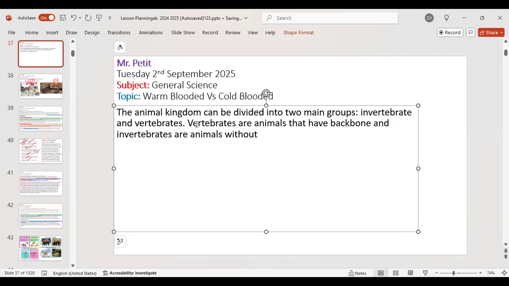So vertebrates are animals with a backbone, and invertebrates are animals without a backbone. Okay, so that's very important.